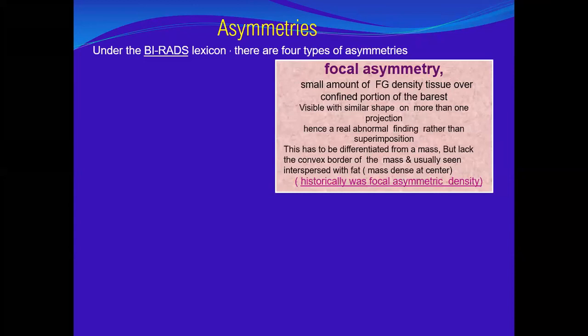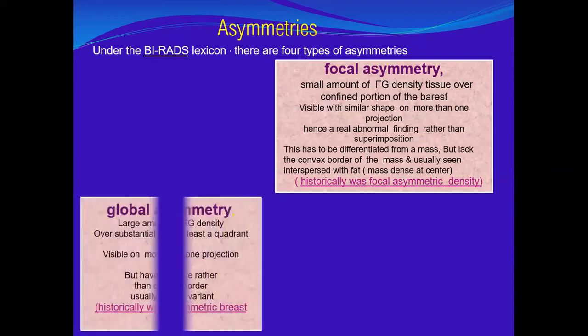As in that example, you see the fat is very minimal at the periphery of the lesion, not seen within the asymmetry itself. Historically it was focal asymmetric density in the third edition, but since the fourth edition it is called focal asymmetry.